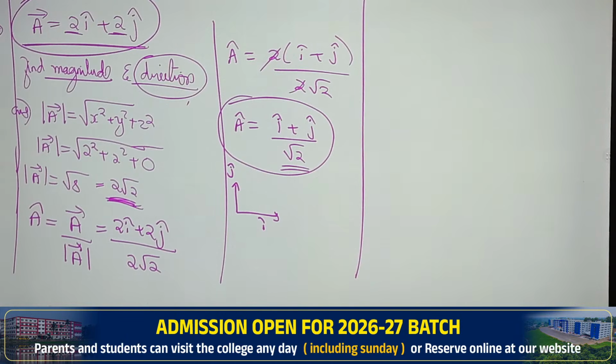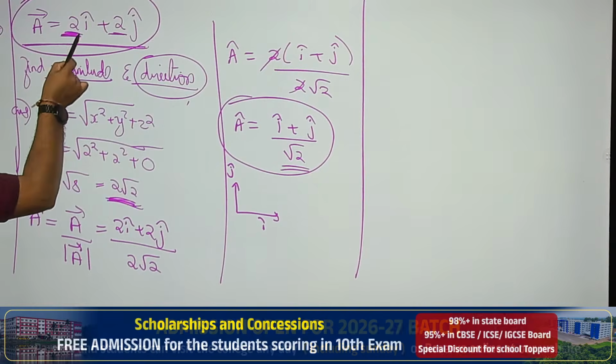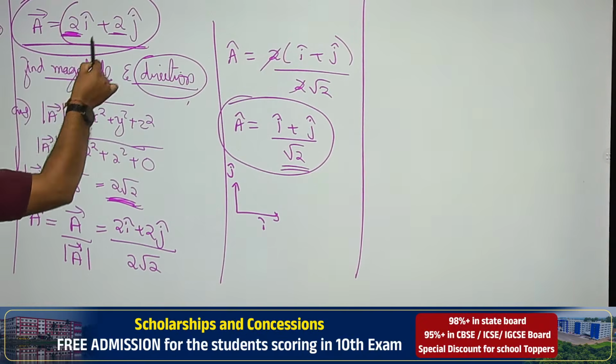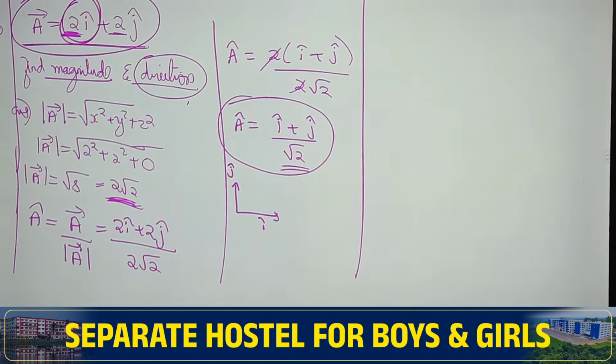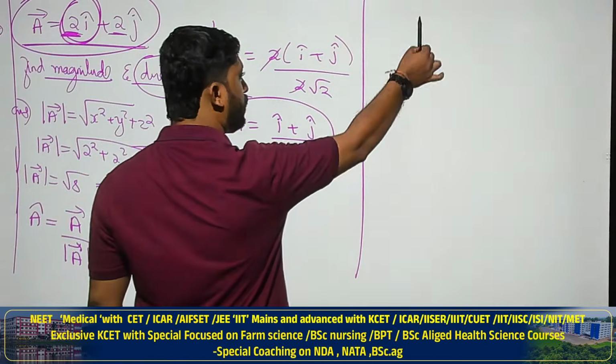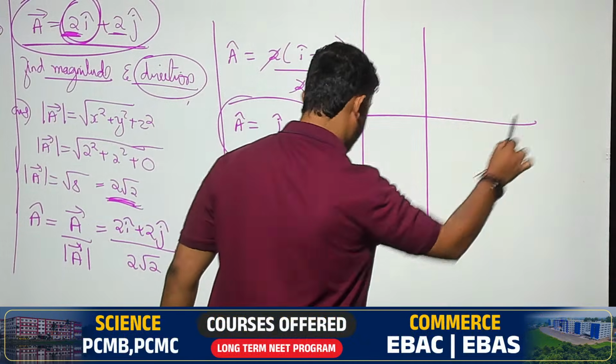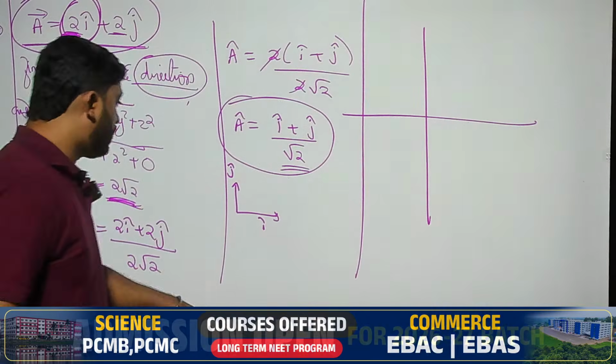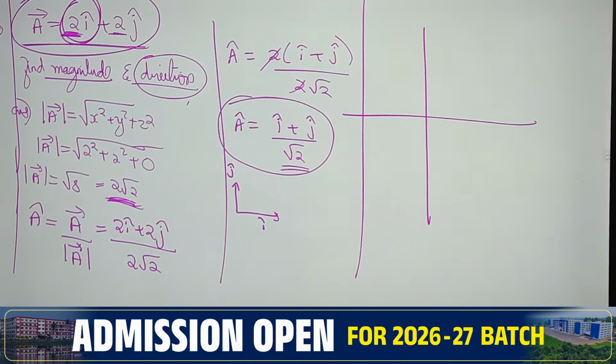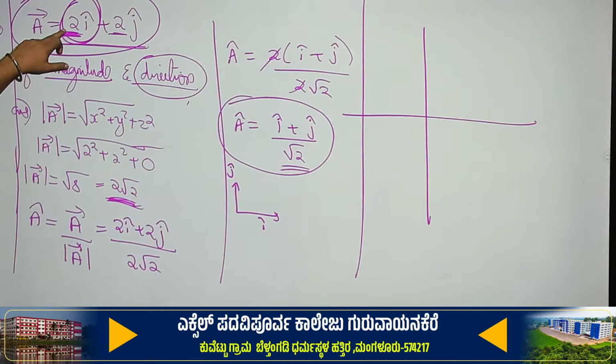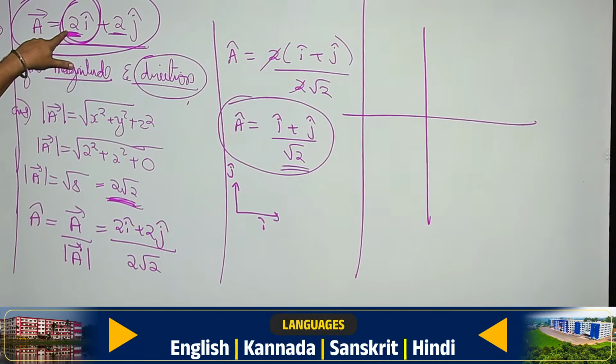Here, look at here. What is the x value? The x value is 2 and it is 2i cap. So we have two axes, x and y axis. Now how to represent this vector in a geometrical way? In x direction, what is the magnitude? 2.